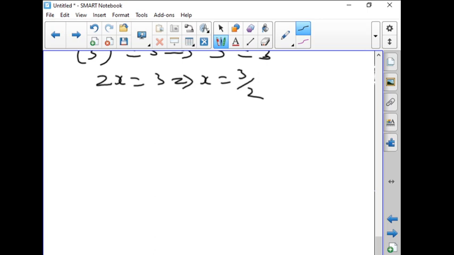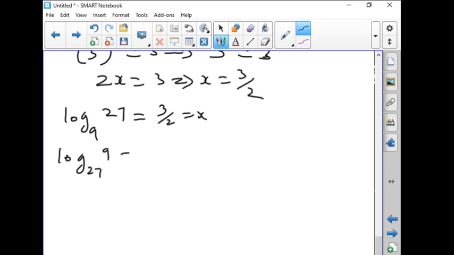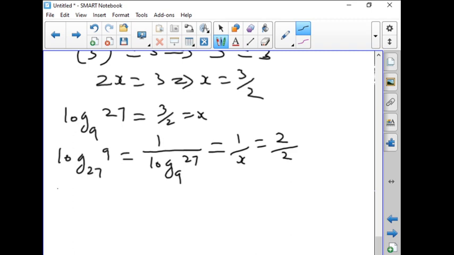So we have taken log 27 to the base 9 is equal to 3 by 2, which is x. So what about log 9 to the base 27? It can be written as 1 by log 27 to the base 9. Therefore, it is nothing but 1 by x. So 1 by x is nothing but 2 by 3.